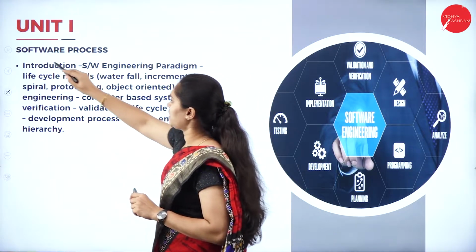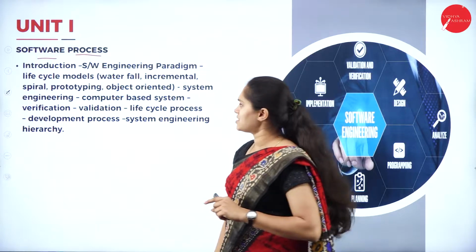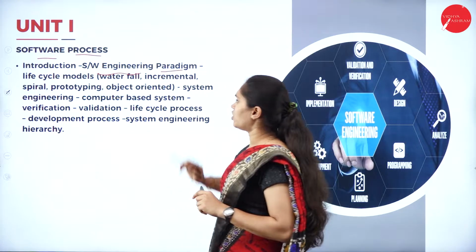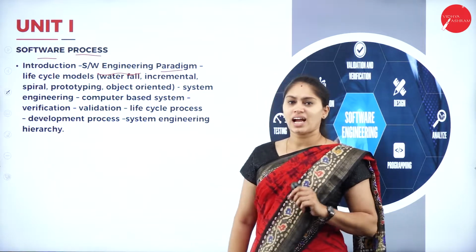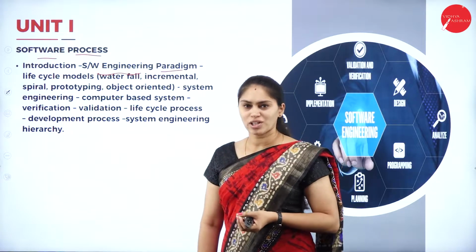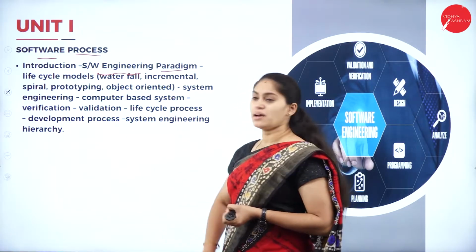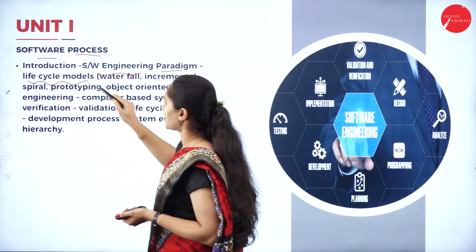When it comes to unit 1, that is software processes. As I told you, in software processes we will understand software engineering introduction. Along with that, we will know the characteristics of software and how it is implemented along with its paradigm. Also we will be learning about the life cycle models.